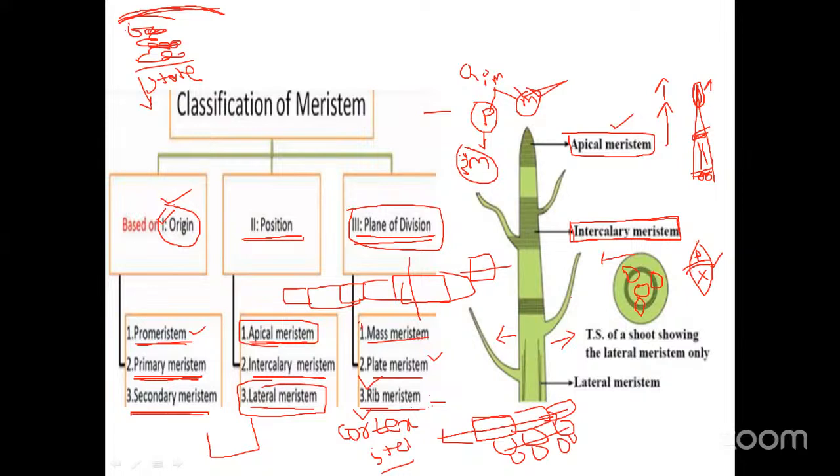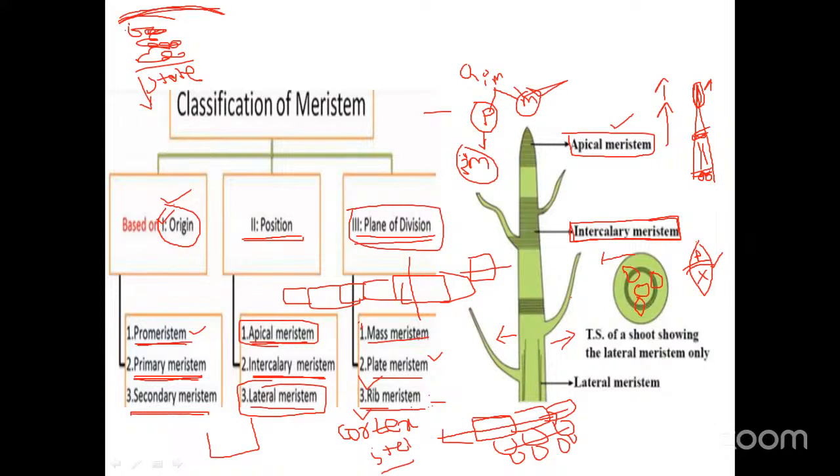So the definition: a group of cells which are small in size, without intercellular space, and capable of division. It is classified mainly based on origin, position, and plane of division. Based on origin: promeristem, primary, and secondary meristem. Based on position: apical, intercalary, and lateral.